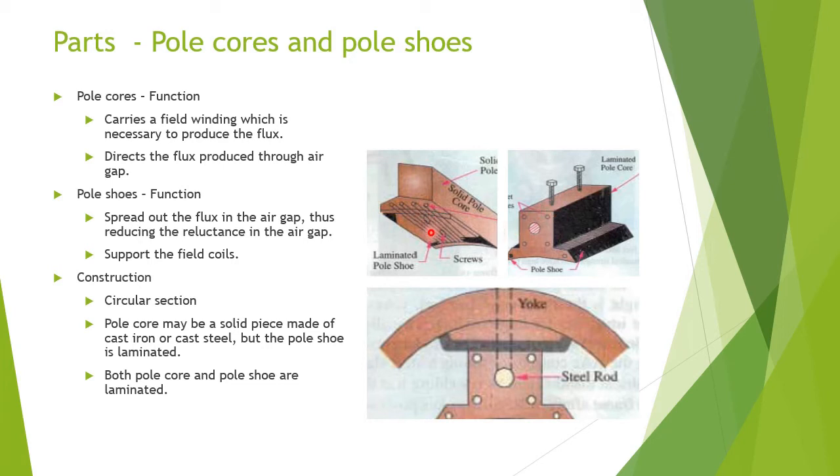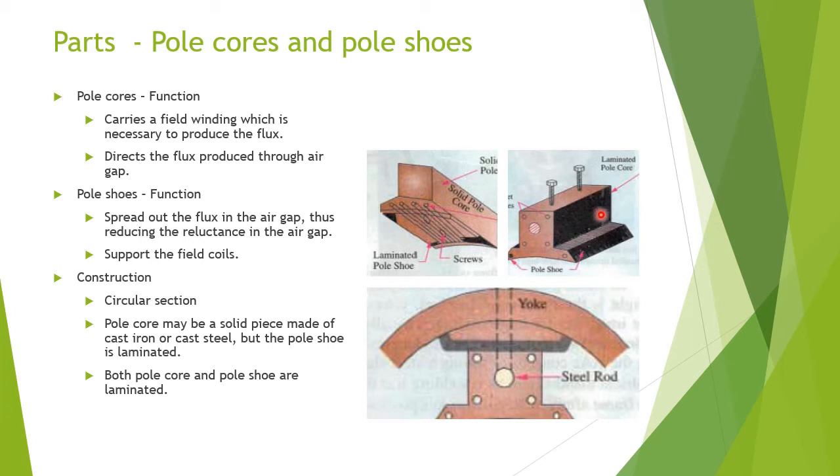Now this is the pole shoe. The pole core may be a solid piece or a laminated one, but the pole shoe is always laminated. What is the use of pole shoes? They spread the flux. Here we are giving supply, so the coils are wound here.